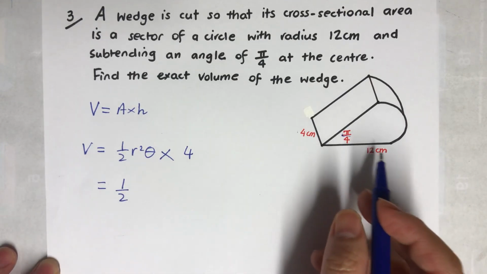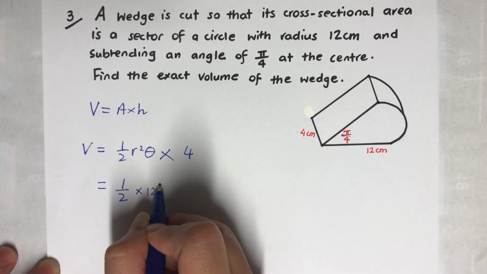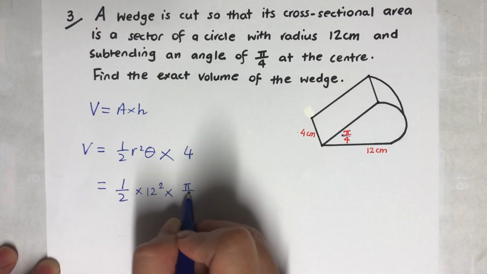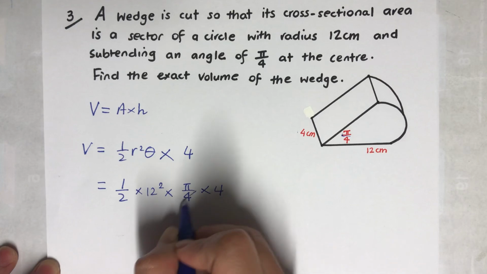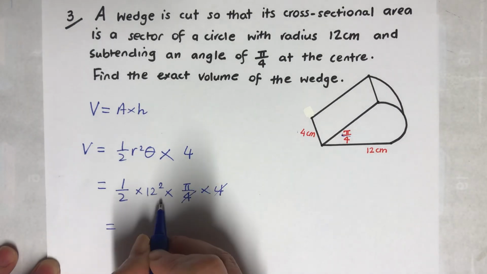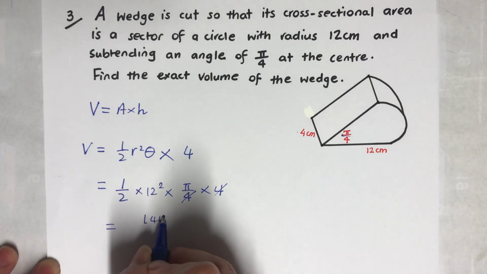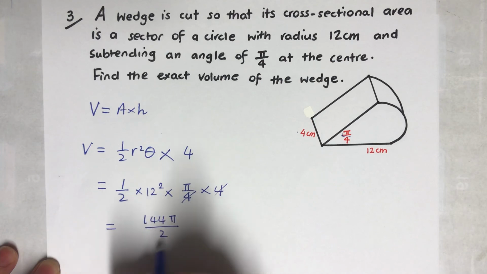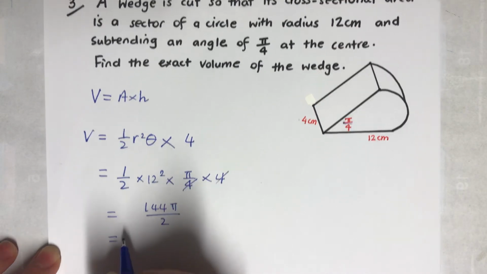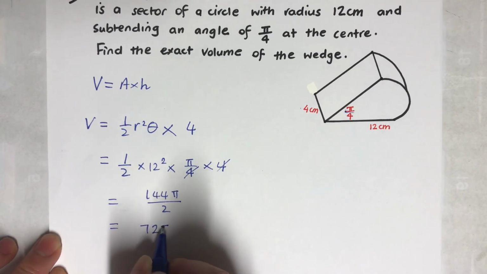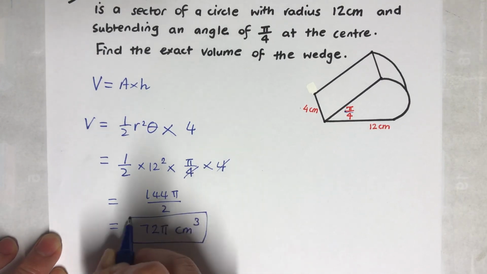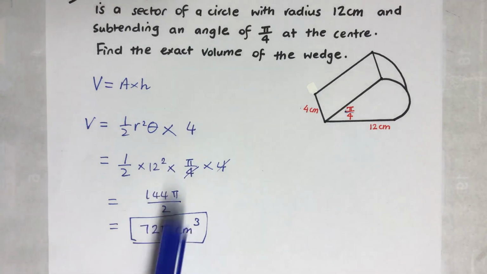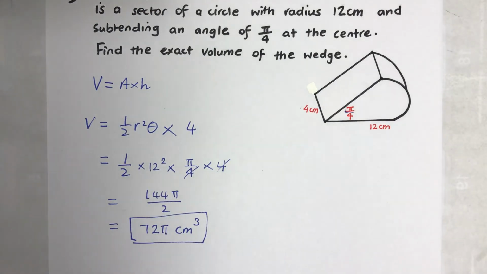Okay, so r is 12 squared times pi over 4, because that's what's given, and the 4, I'm going to cancel these. 12 squared is 144, pi over 2, half of the 144 is 72 pi centimeters cubed, guys, because it's a volume. So it is exact because it's in a pi form. Okay, well done, guys.